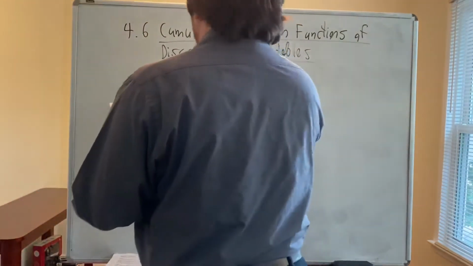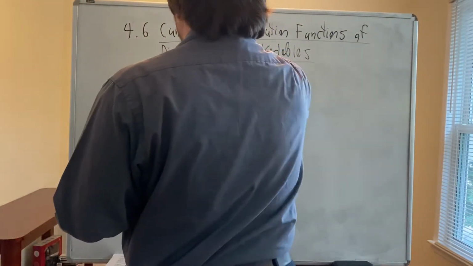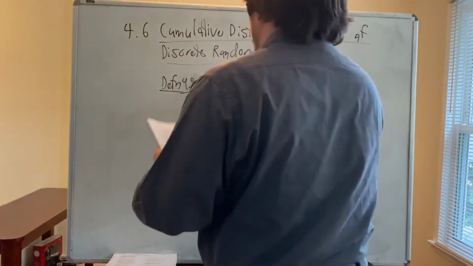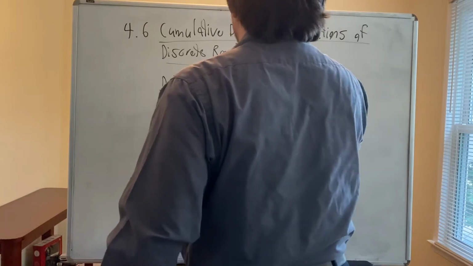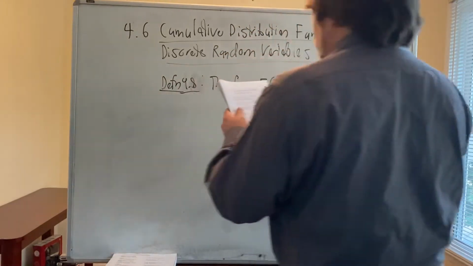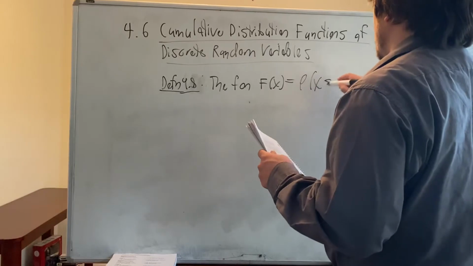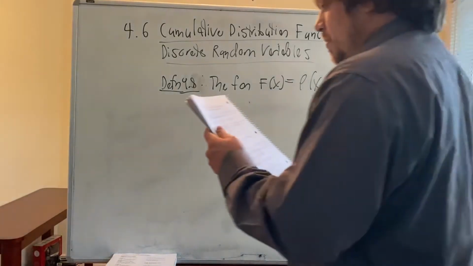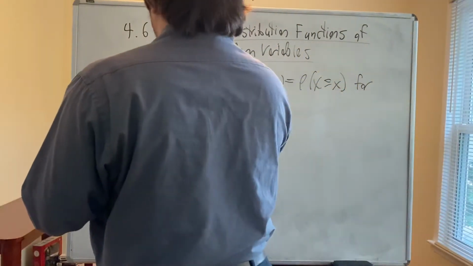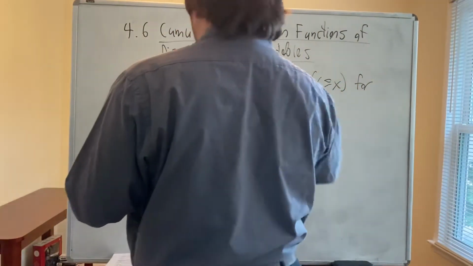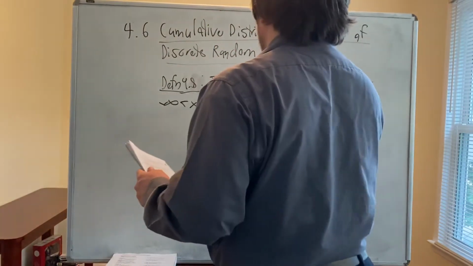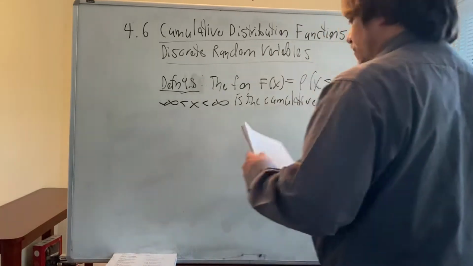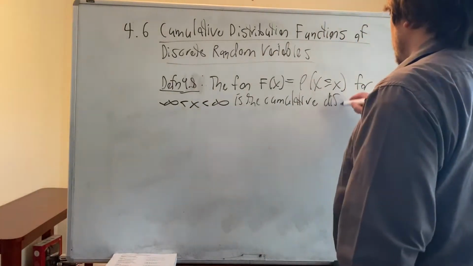Okay, this is definition 4.8. The function capital F of x, which is equal to the probability that capital X is less than or equal to little x, for negative infinity less than x less than infinity, is the cumulative distribution function.